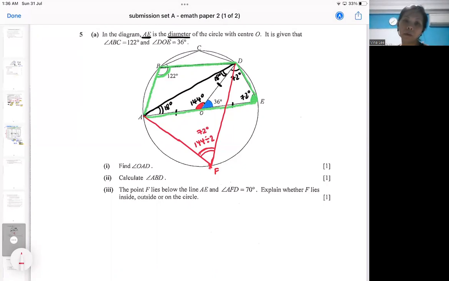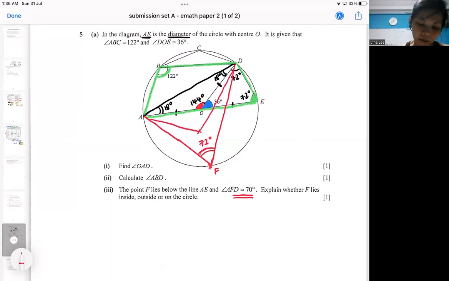Can you see? If you assume that it is on the circumference, it will actually be a 72 because of angle at center and angle on the circumference. But I'm not given a 72, I'm given a 70. So you have to visualize what if it's inside.